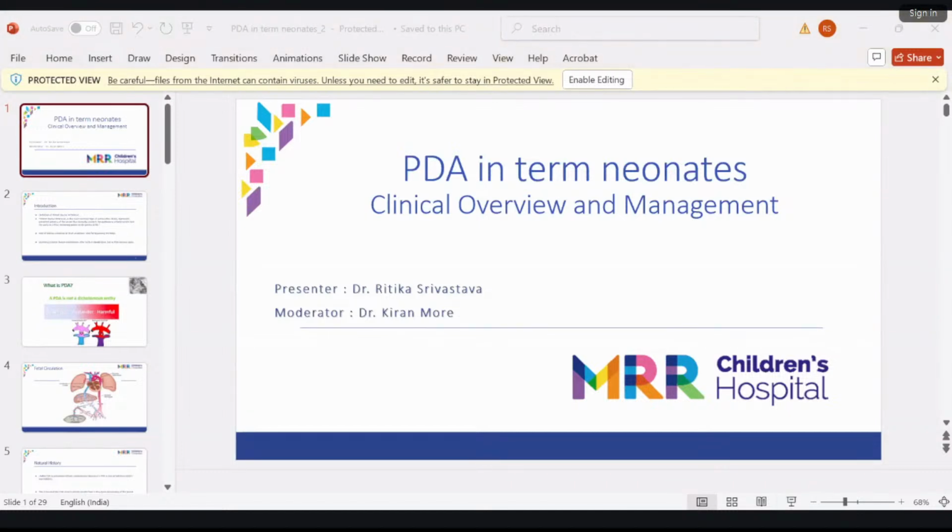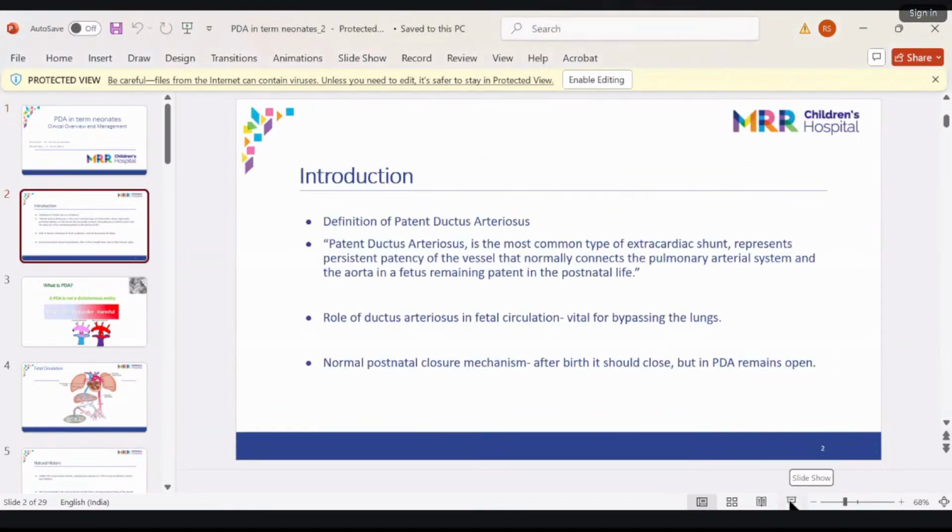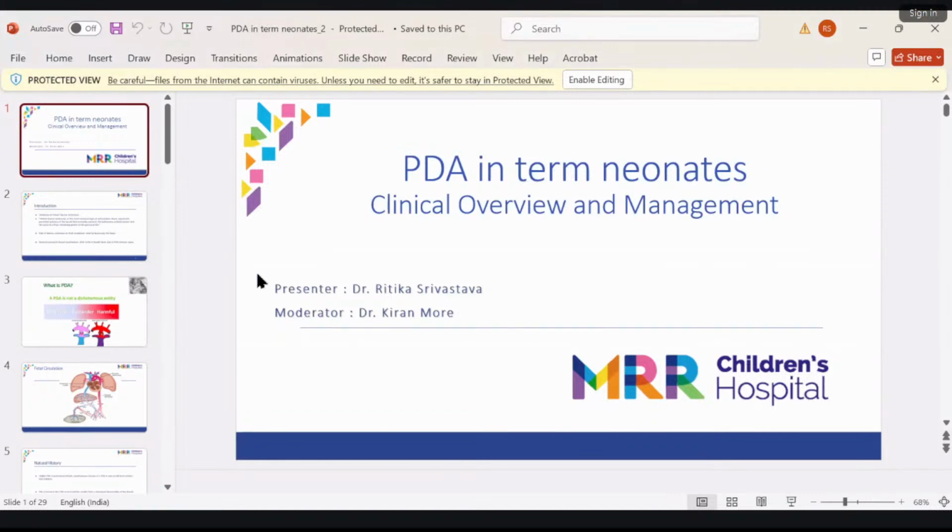Is the slide visible? Yes, but you need to switch to the slideshow mode. Full screen is not visible. We can see the introduction slide, but not the full screen.